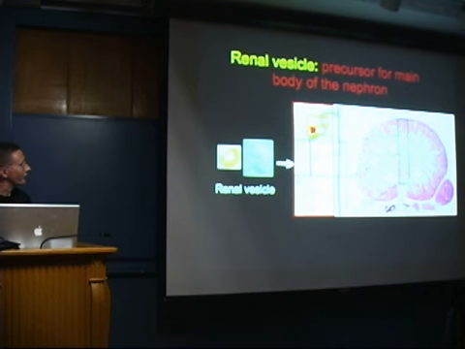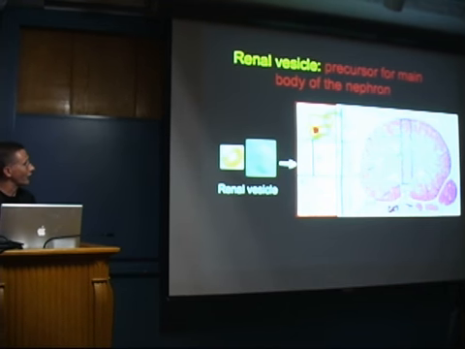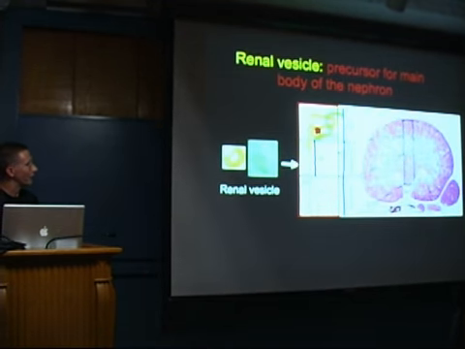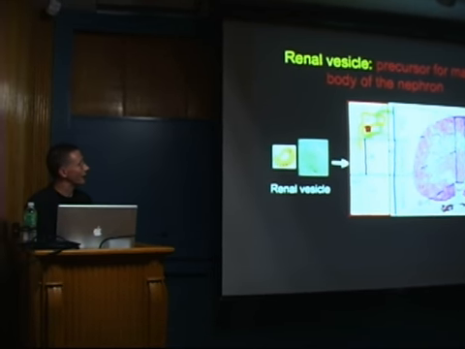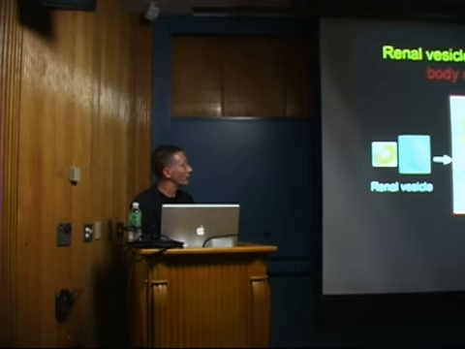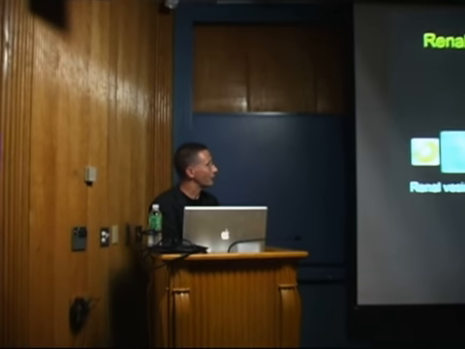And it's this simple structure that gives rise to the whole elaborate tubular network of the nephron with its distinct physiological domains that carry out the activities of the nephron at different positions along the length. So then how does the renal vesicle, the precursor of the nephron, form?